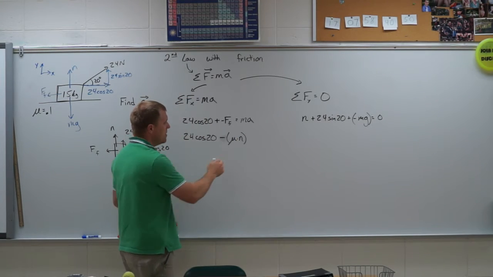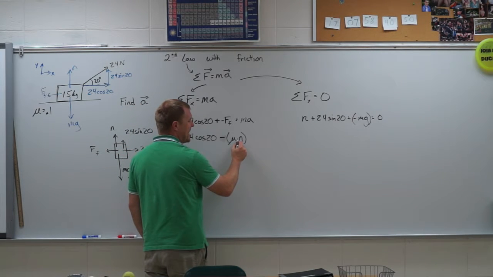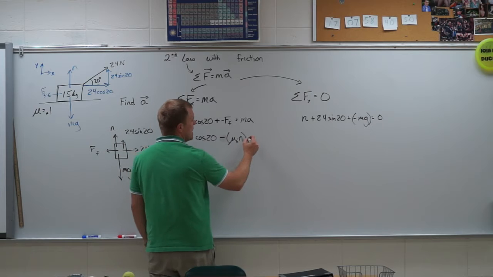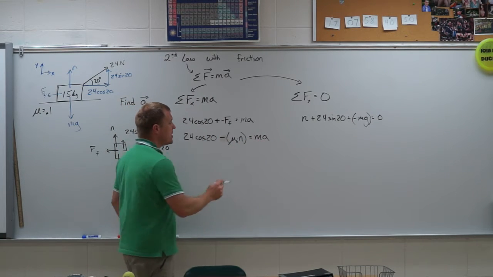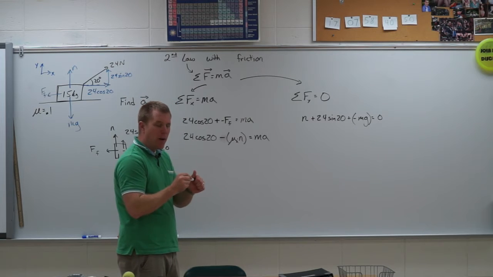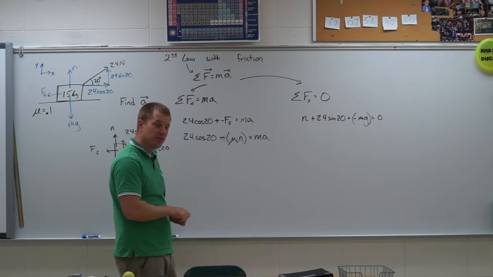This is what the force of friction is. To be specific, I have a kinetic coefficient of friction, equals ma. Next, we're going to substitute for normal force. If there's a mantra you want for doing friction problems, it's substitute, substitute, substitute.